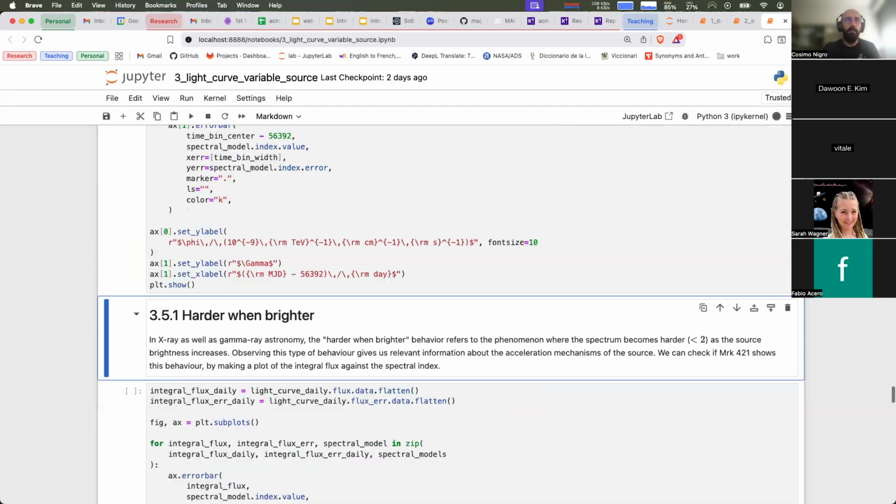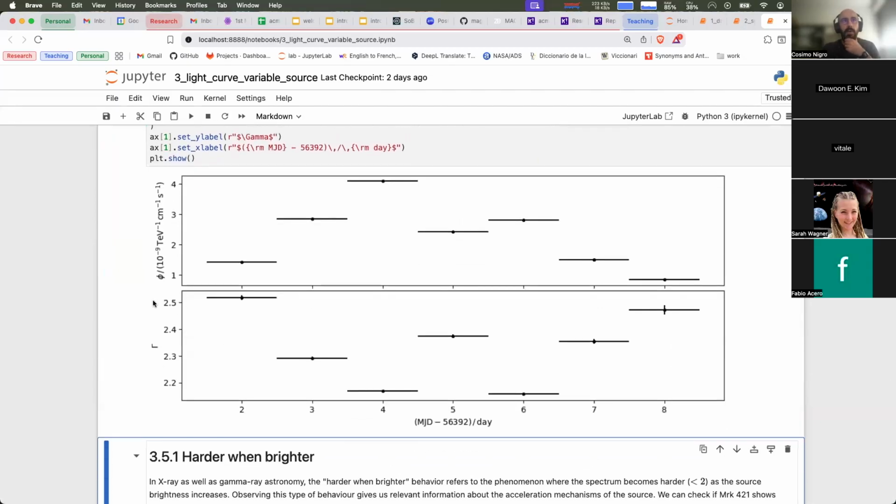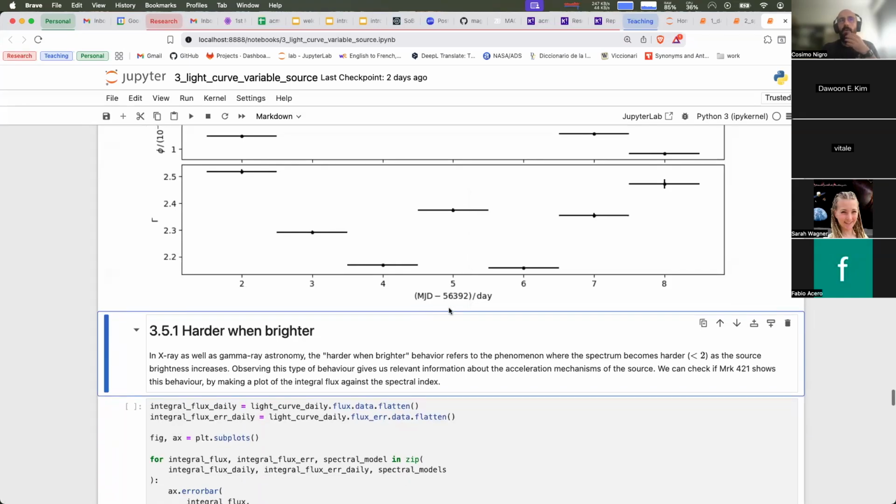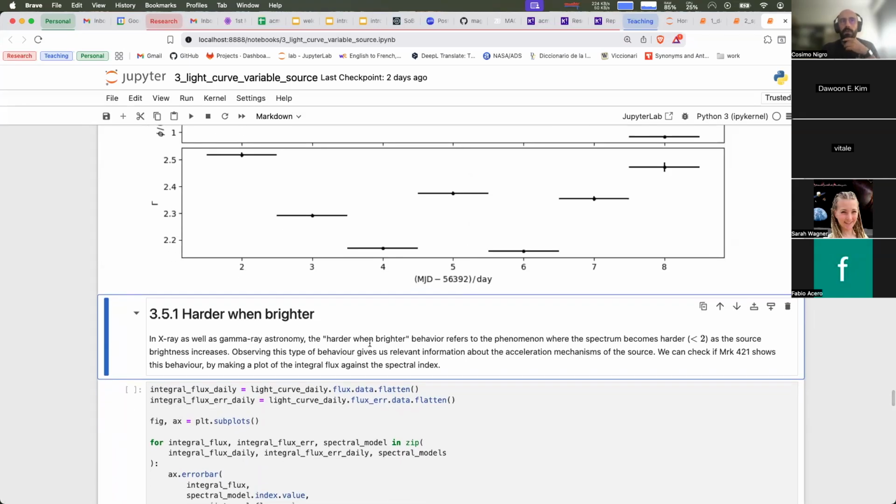And now we can make this very interesting plot. Not only do we know the integral flux, how it changed in each day, right? This is the measurement that we did before with the light curve estimator. But now we also know how the spectral index changed day by day, right? What can we do with this information? We can produce what is called a harder-when-brighter plot.